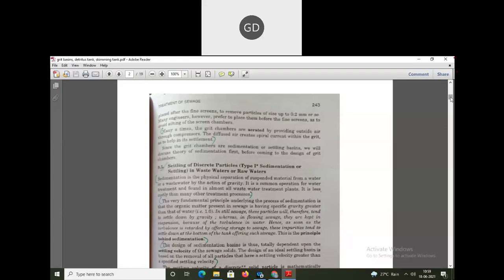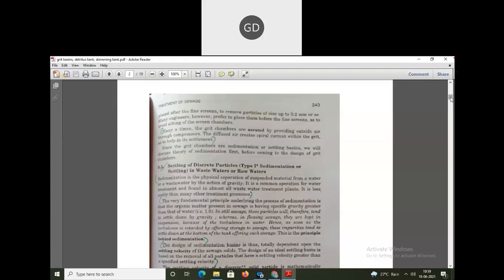On the other hand, if the sewage is flowing and not in a still position, these organic matters remain in suspension because of the turbulence in the water.